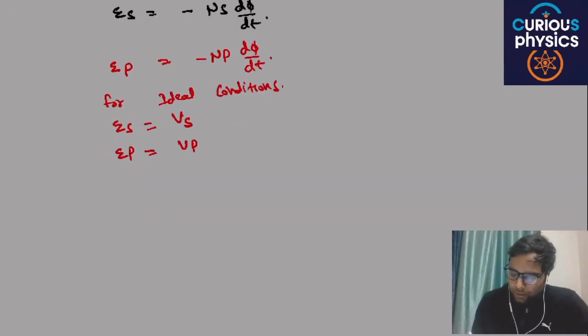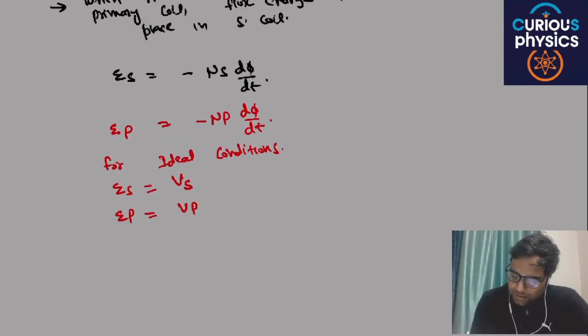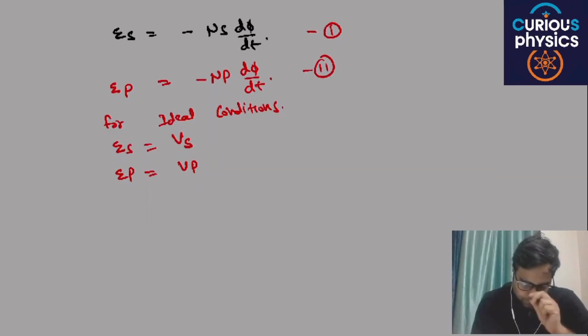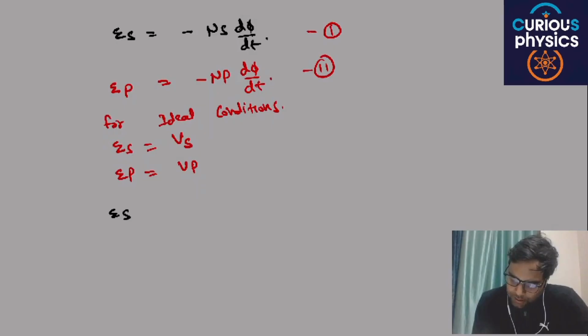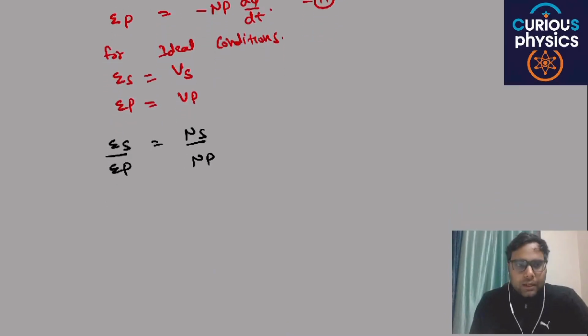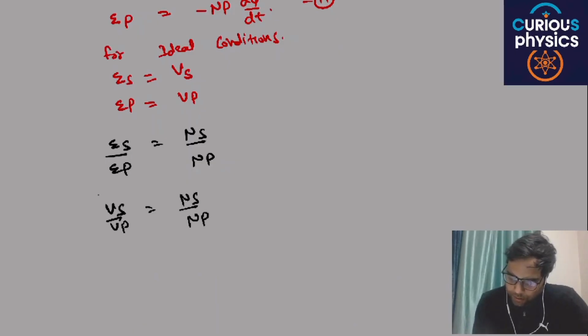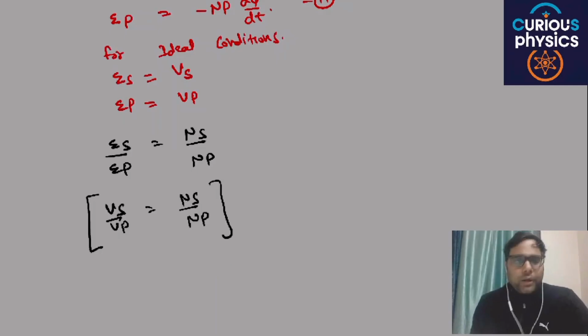Now let's say this is equation 1 and this is equation 2. Then we can write ES upon EP is equal to NS upon NP, and ES and EP can be replaced by Vs and Vp, so Vs by Vp is equal to Ns by Np. Are you able to understand my point or not?